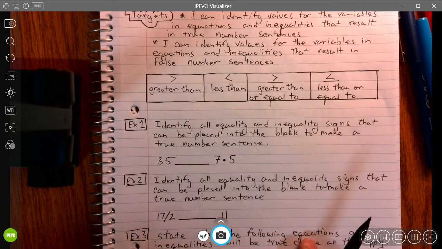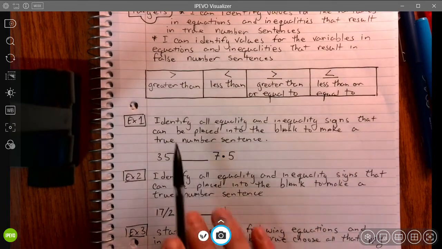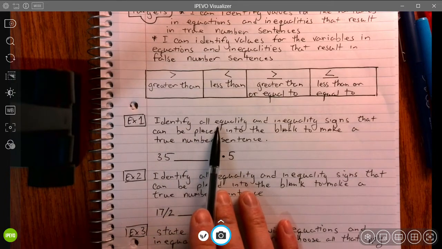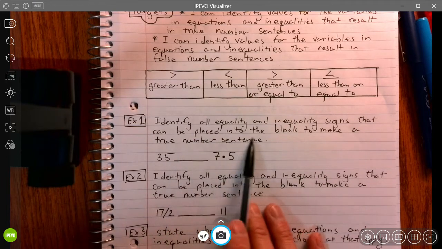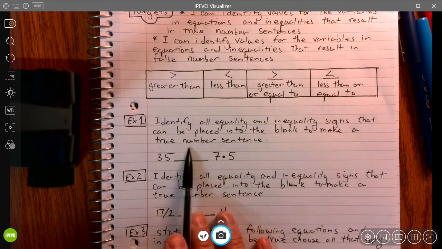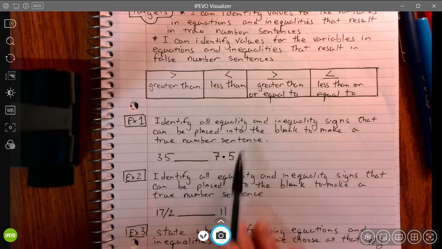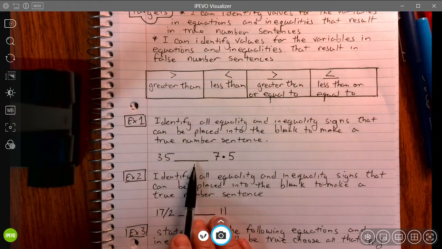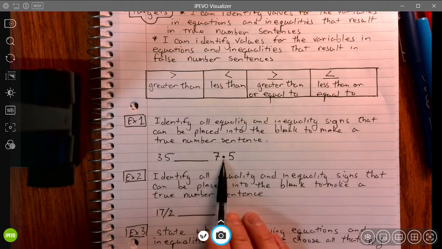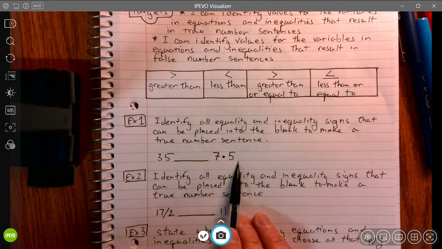Example number 1. Identify all equality and inequality signs that can be placed into the blank to make a true number sentence. So we have 35 blank 7 times 5.